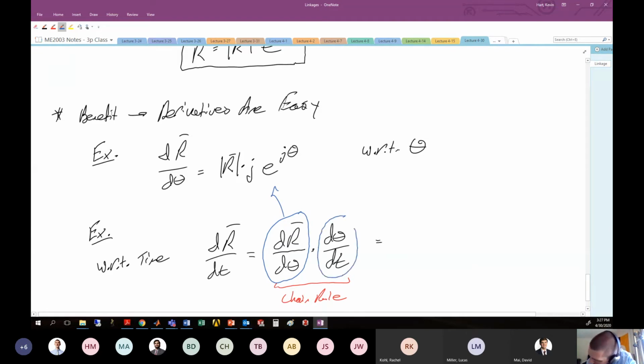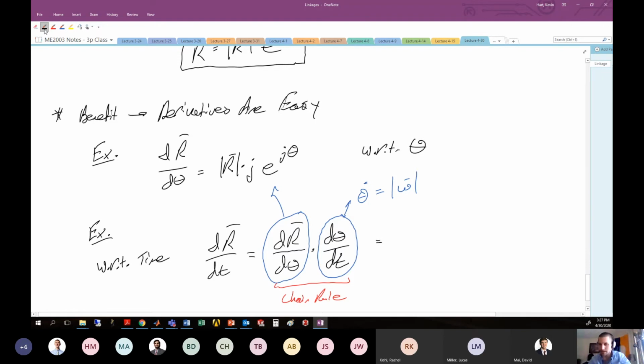And d theta dt, we typically just note this as theta dot. Or when we're talking about dynamics, we write this as the magnitude of omega. So now we've got the derivative of our position vector with things that we can understand: the magnitude of the angular velocity and the derivative of the position with respect to theta.